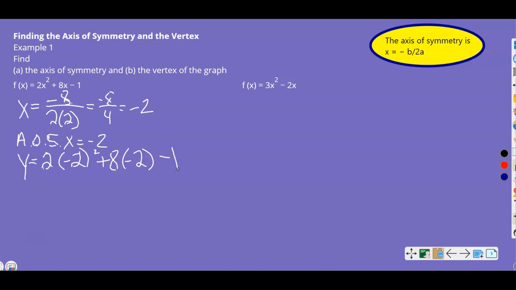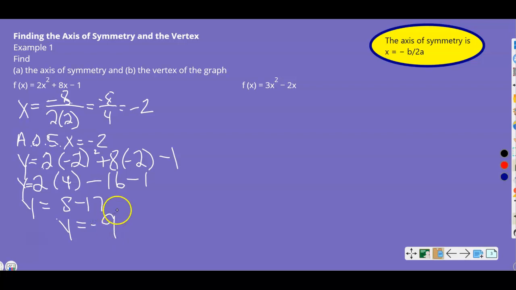All right, remember you have to do order of operations. So I'm going to have to square my term first before I multiply. So negative 2 squared is 4. I'm going to have 8 times negative 2, which is negative 16. So I'm going to have 8 minus 17, or negative 9.